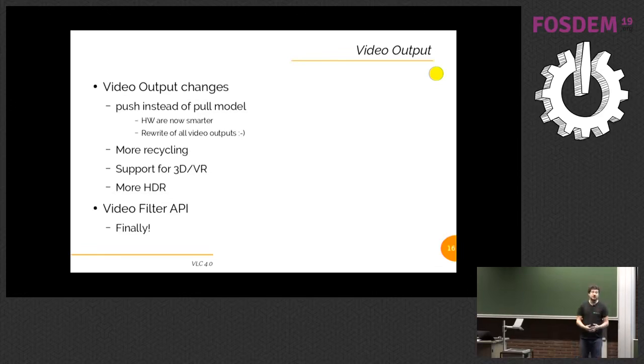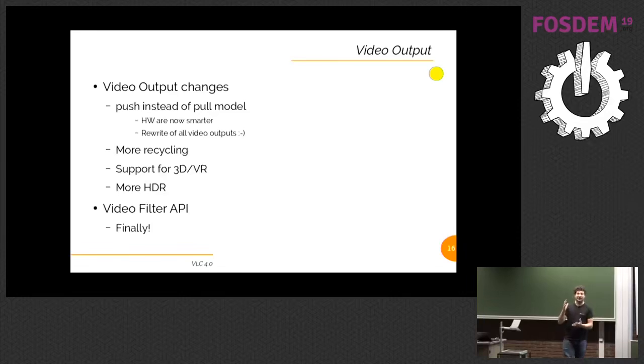That made a lot of sense in the 90s and in the 2000s when your graphics card was a piece of crap, and you were using Xvideo that only supported one format. Now, almost all of them support Direct3D, OpenGL, shaders, and so on. So it makes less sense to block the whole pipeline from the output.